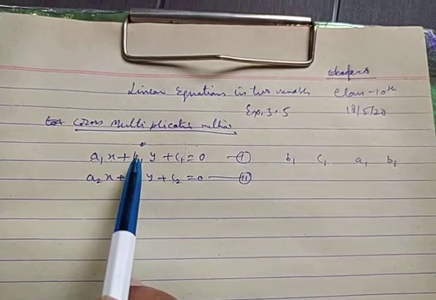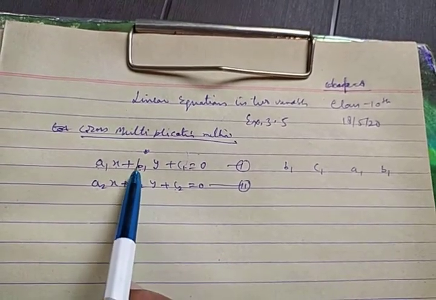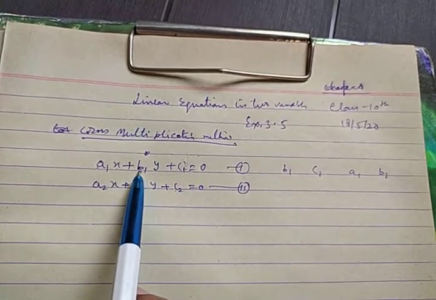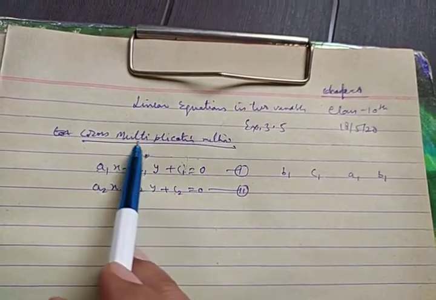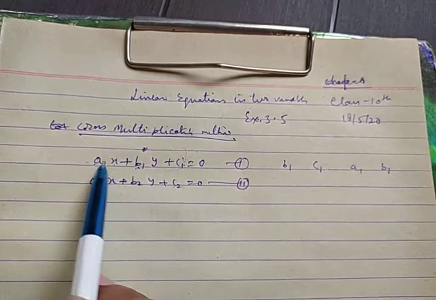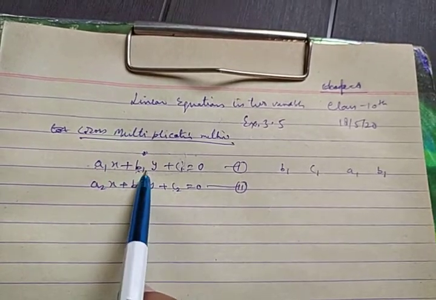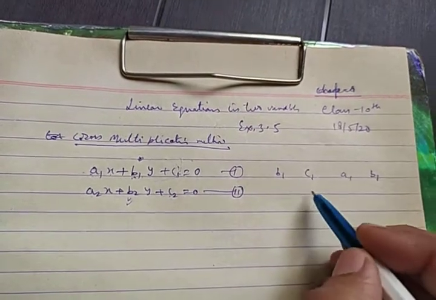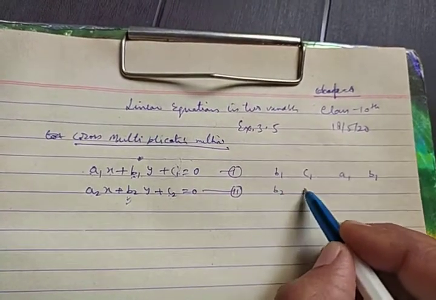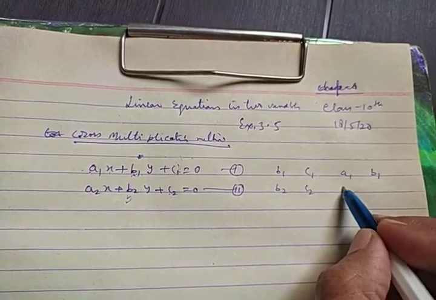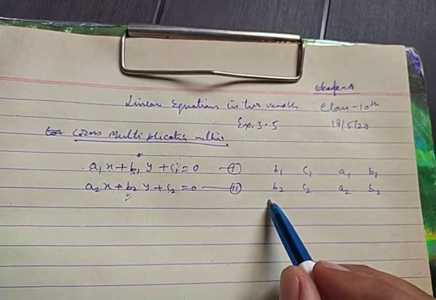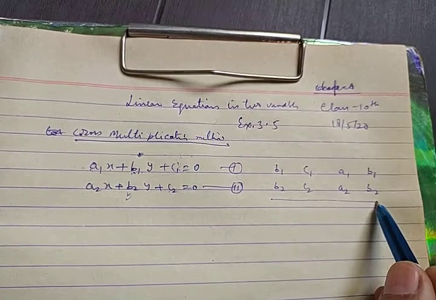It means you will start writing from b1 and you will rotate like this. You will start from b1, move ahead, b1, c1, come to the beginning, a2 and b1, a1 and b1. In the same manner here you will start from b2, then b2, c2, a2, again b2. This will be the writing pattern of the coefficients.